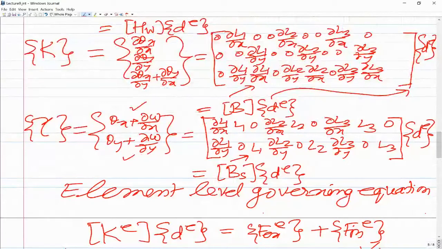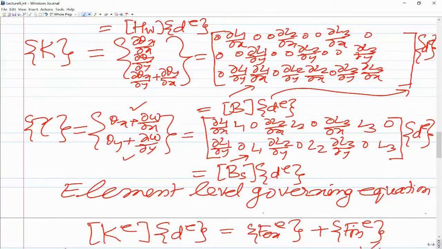Now theta x is L1 theta x1 plus L2 theta x2 plus L3 theta x3, and del w by del x is del L1 by del x into W1 plus del L2 by del x into W2 plus del L3 by del x into W3.